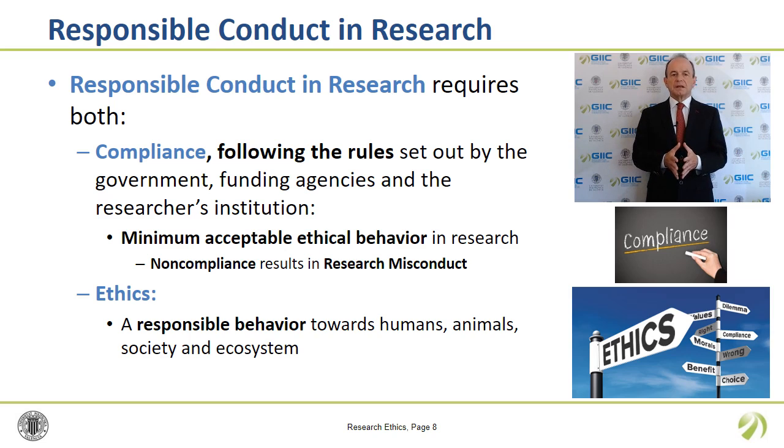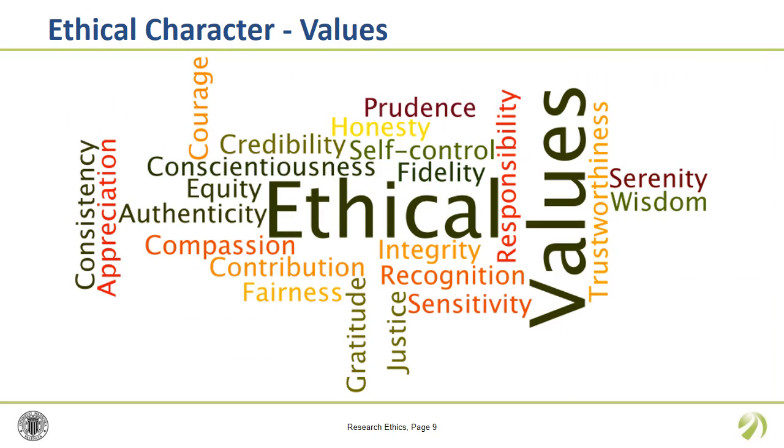Ethics means a responsible behavior toward humans, animals, society, and ecosystem. Therefore, ethics goes beyond simply following the rules. In this figure, you can observe the main ethical values that should shape the appropriate character of researchers.